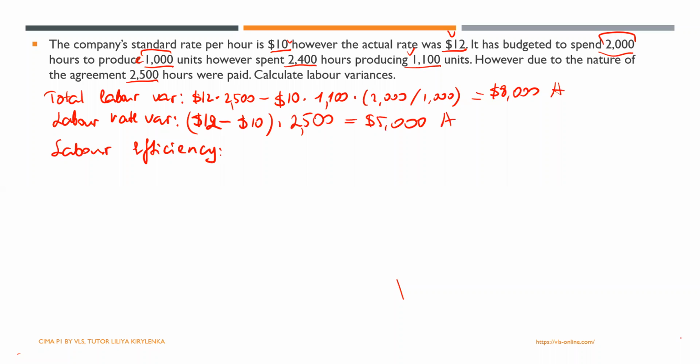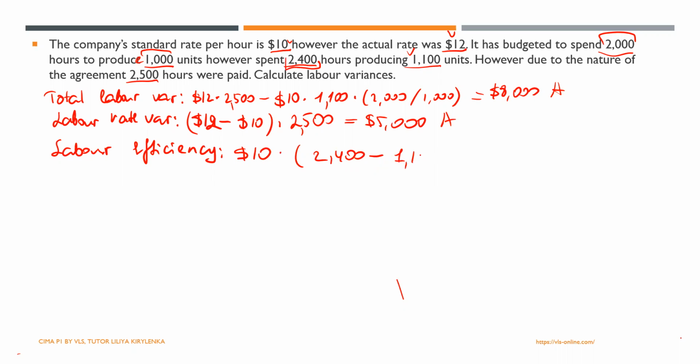So labor efficiency is going to be calculated as standard rate, because it's a type of volume variance, so that's 10, multiplied by how many hours were needed to produce actual units. So the company spent 2,400 hours producing the actual number of units. But how many hours were we supposed to spend?